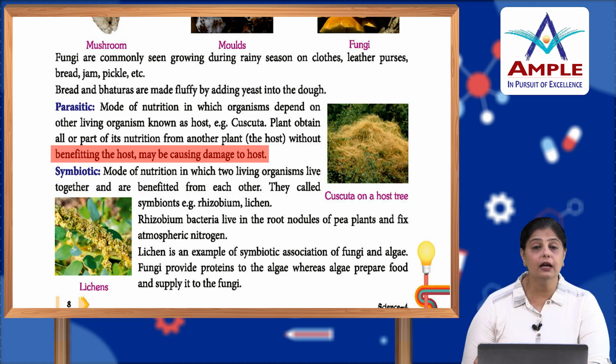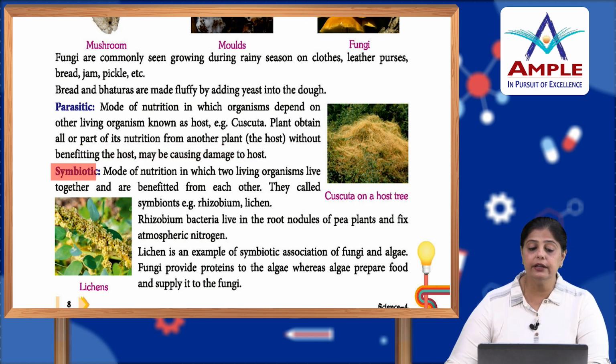So when these plants grow, it is benefiting them, but it is not benefiting the plant on which they are growing. So these are called parasitic plants, and that is the reason why you must have seen that the gardener always plucks the weeds first. That is because otherwise they will make the plant unhealthy.